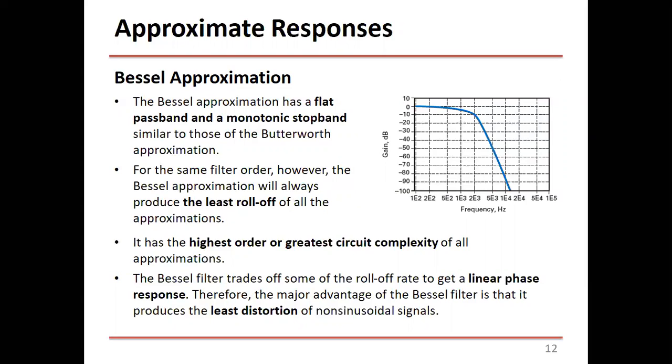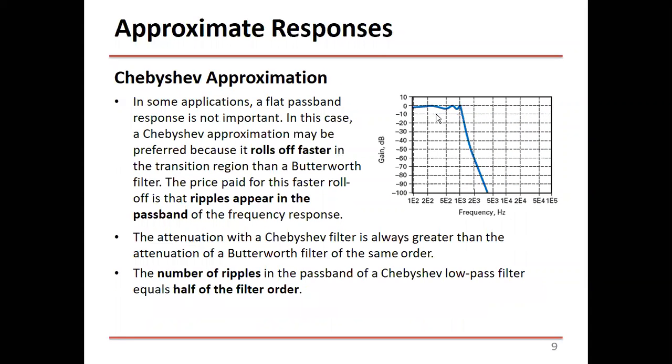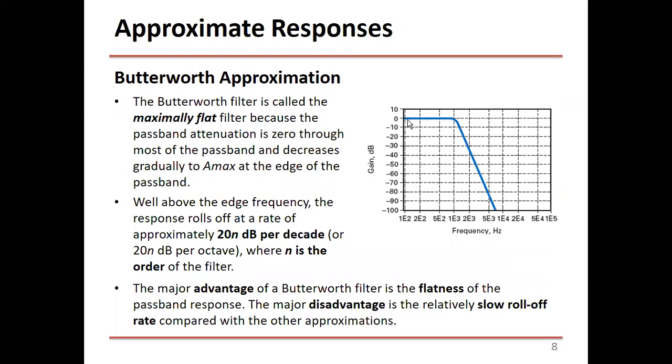We cannot, as I mentioned, build a filter with a 100% flat passband, even this one or this one. Okay, the Butterworth is not 100% flat. It goes gradually lower, because this is a dB log scale plot.